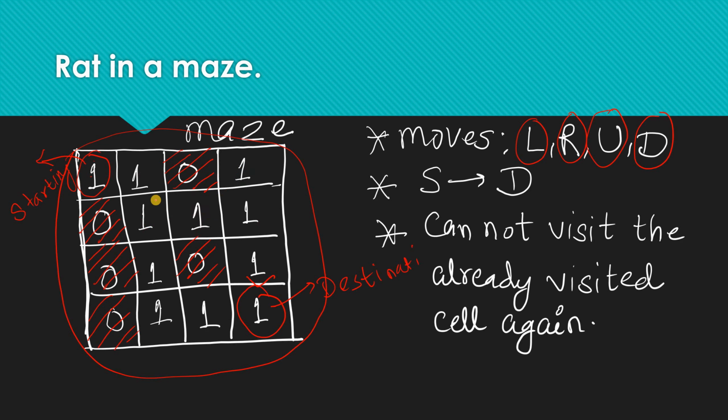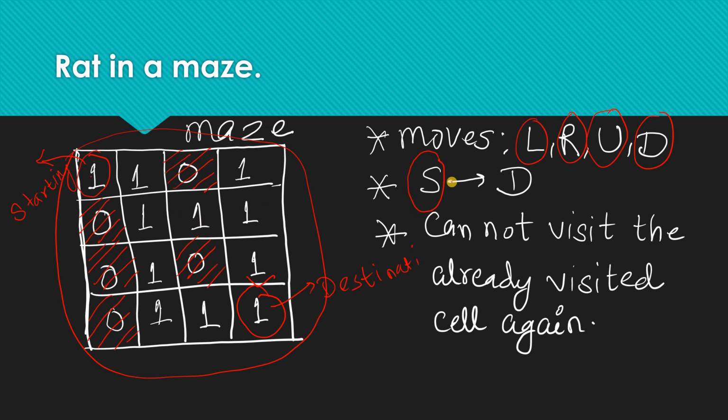If you have watched my previous video on the Google problem, in that problem we could move in diagonal directions also, so we had 8 different moves. But here we can move in only 4 directions: left, right, up, down.